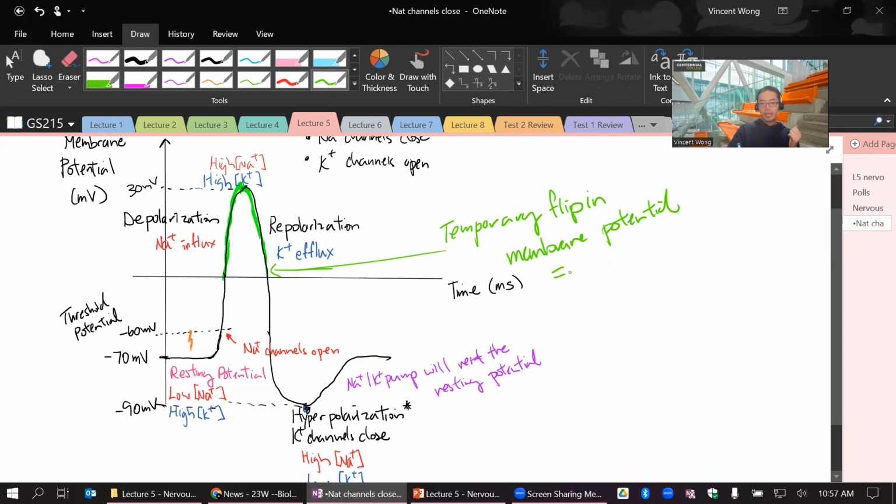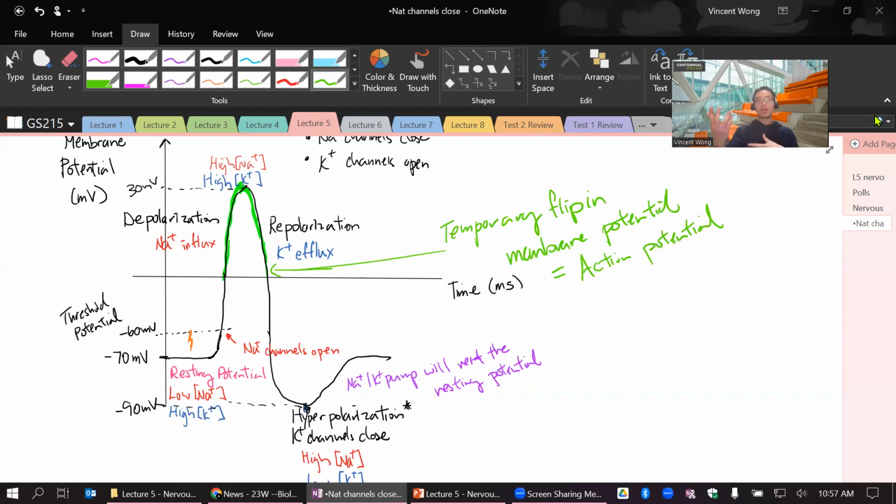That is what we mean when we say action potential. Remember, potential is just a difference in charge. So that's where the action is happening, a flip. But the flip is not permanent. As soon as you open the potassium channels, you undo the flip.